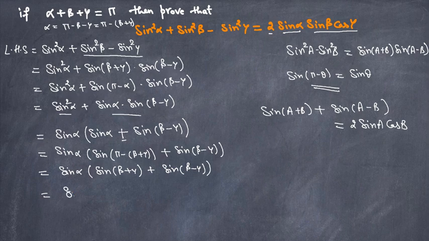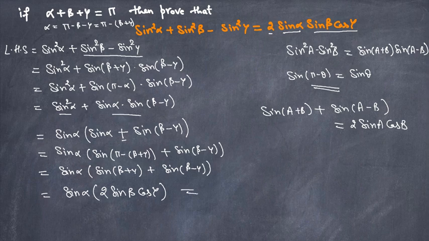We got sin α, and instead of sin(β plus γ) plus sin(β minus γ), we can write 2 sin A, which is my β, into cos B, which is my γ.